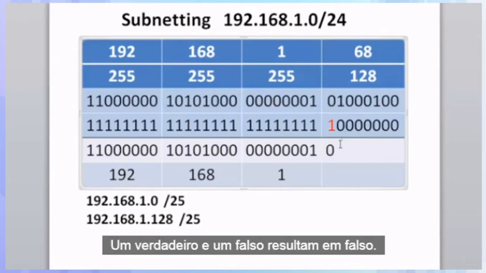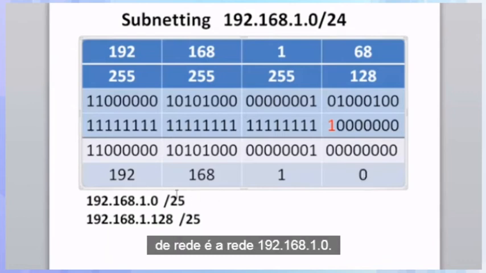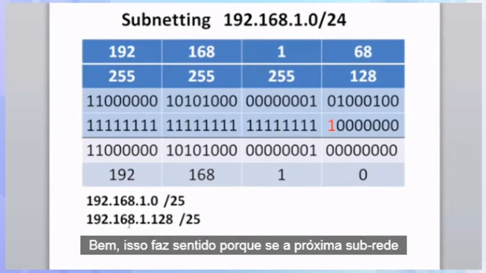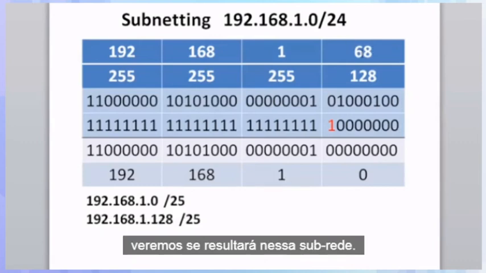A true and a false makes a false. And then we get all zeros here. So the network address is the 192.168.1.0 network. So host number 68 is on the 0 network. Well, this makes sense because if the next subnet is 128, if we put in a host address larger than 128, we'll see if it falls in this subnetwork.